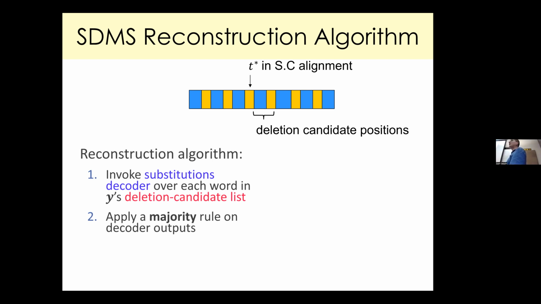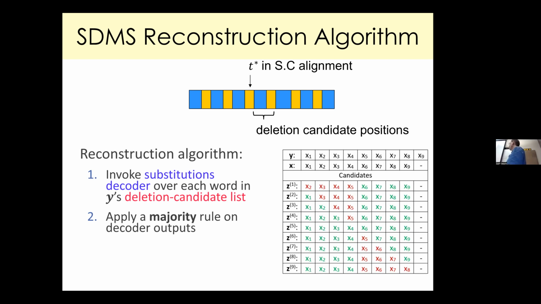And the intuition why majority is a good idea: think about if we mispredicted the deletion position, then we have this property that the effect on Hamming distance, on the number of substitution errors, is kind of graceful. If we perfectly estimated the position, we have no substitutions except the original ones by the channel.